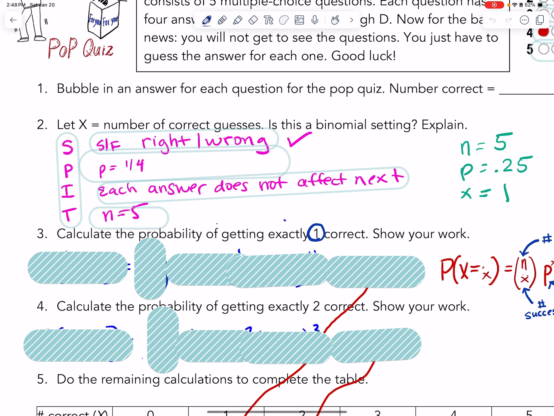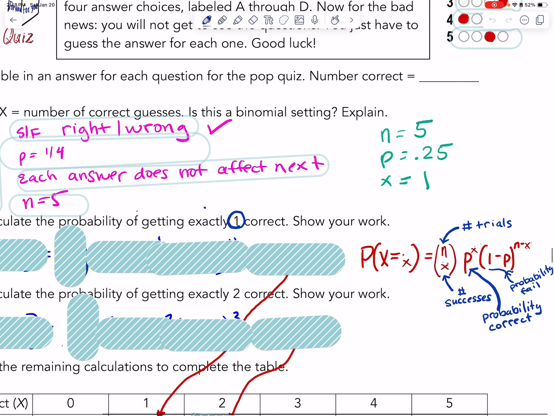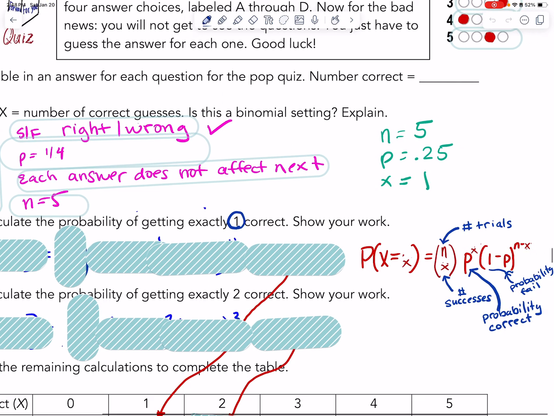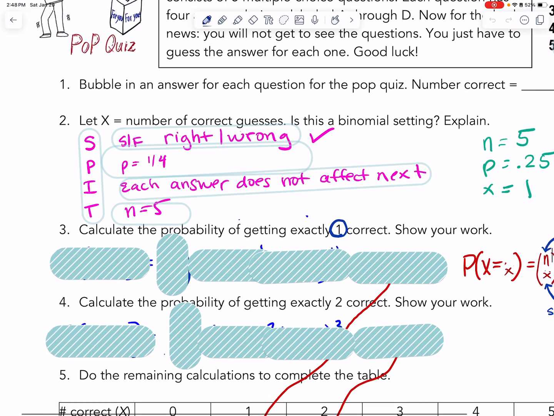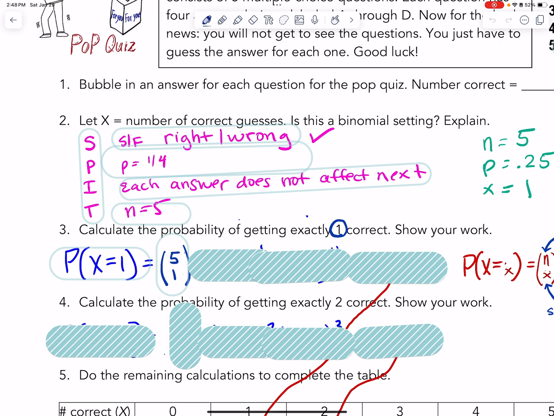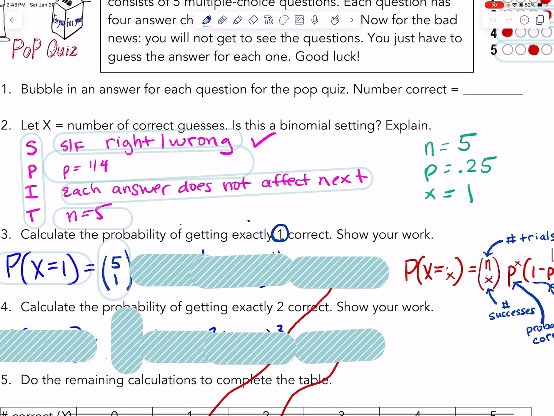You're going to calculate the binomial probability of getting exactly one correct using this formula that we talked about yesterday. So remember, the first part is talking about the number of ways. How many trials? 5. How many successes? This says 1. So I'm looking for 5 choose 1. Then what's the probability of getting one correct? 25%.